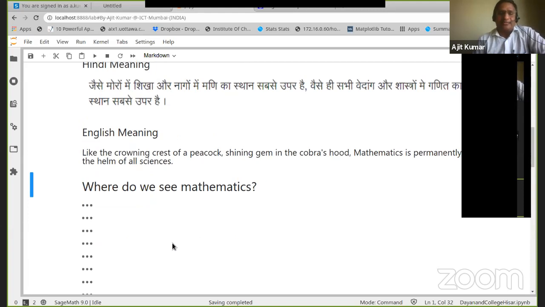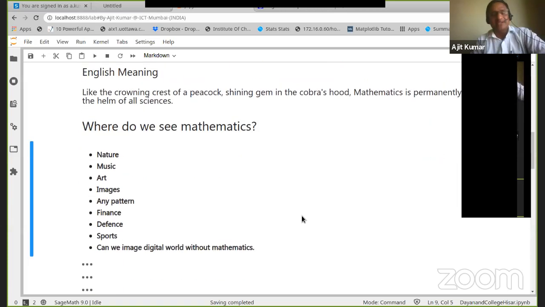Now, where do we see mathematics in our daily life? I think almost everywhere. Just now, Professor McKinday gave an application in industry, in defense, in medical science, right? So it is almost everywhere. You can see mathematics in nature. You see lots of patterns, and many patterns are due to the Fibonacci sequence, the golden ratio, lots of things.